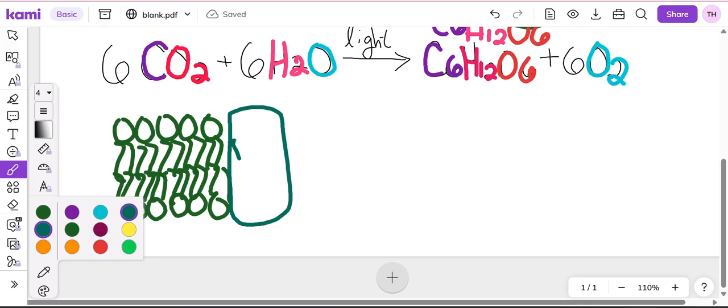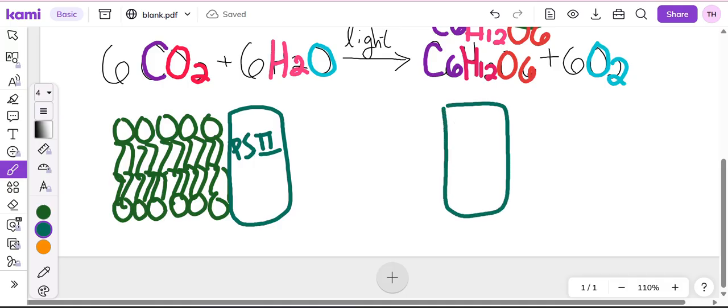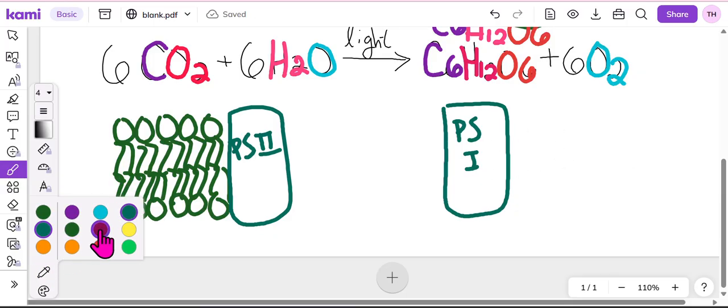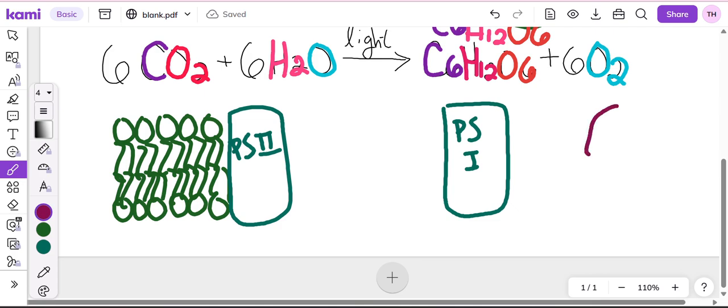So this is going to be photosystem 2. And then later down the line, we'll put photosystem 1. And then a little bit further down the line, I'm going to use that same color that we used for ATP up above because we're going to be creating our ATP synthase.